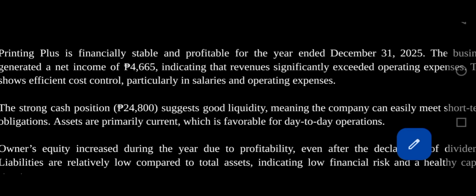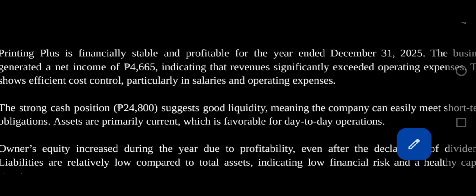So, the Printing Plus company is financially stable and profitable for the year ended December 31, 2025. The business generated a net income of 4,665 pesos, indicating that revenue significantly exceeded operating expenses.